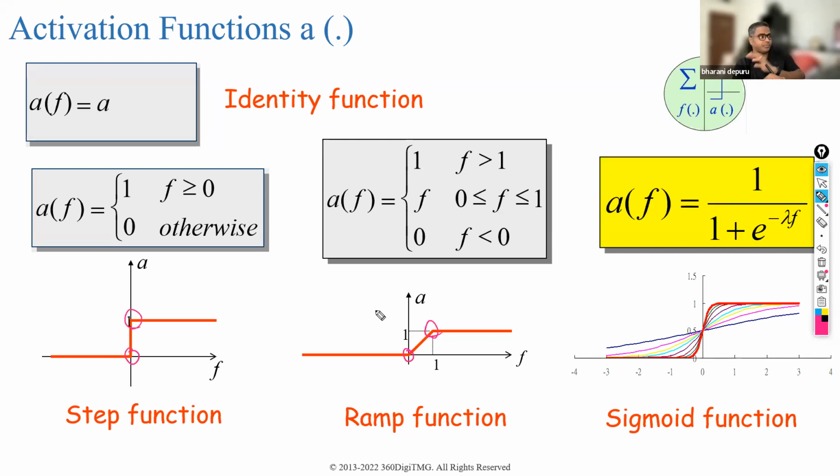That is the reason why sigmoid functions became famous, because you don't have that sharp cusp or sharp bend. You have a smooth finish. This is called a sigmoid function.